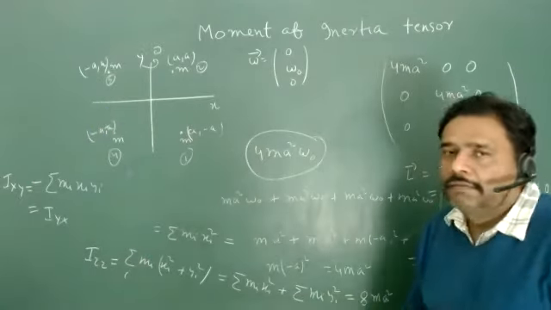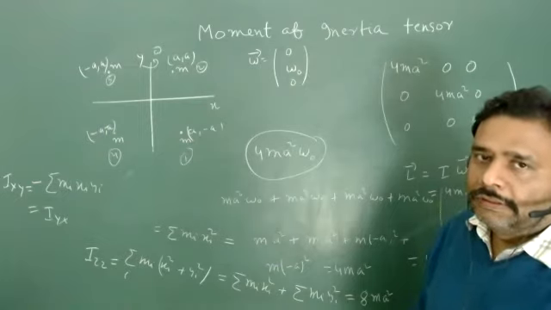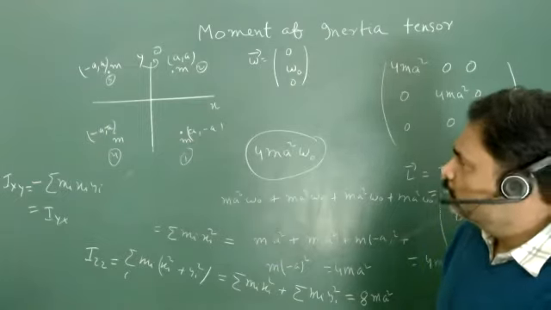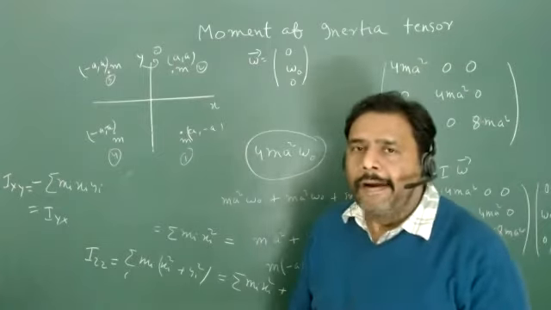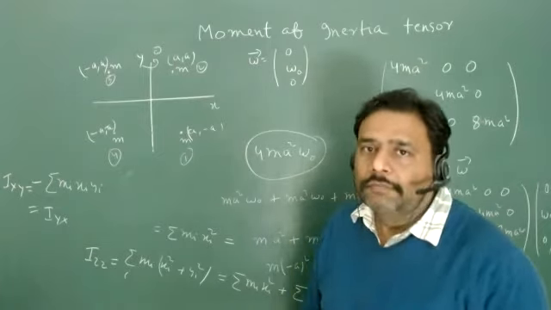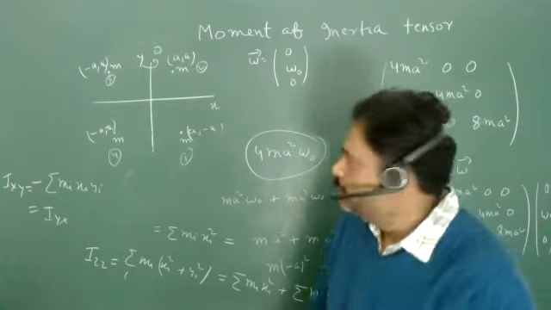Sir, the matrix is not diagonal. What will it be? 8 ma square omega naught. Yes, sir.